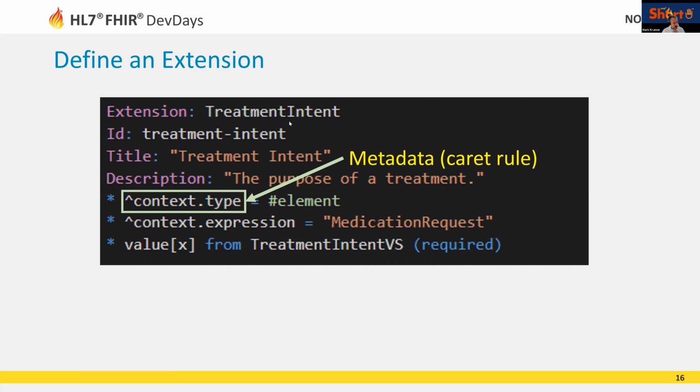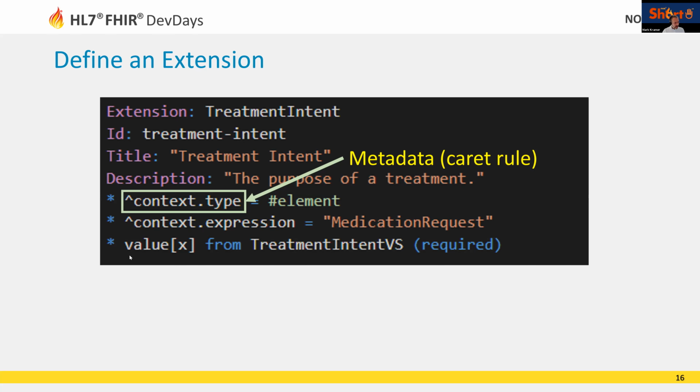So it's not part of the treatment intent itself, but what these 2 lines are saying is that the context for this extension appears on an element, and that's a code, and it has a context of a medication request, which means this treatment intent extension is only allowed on medication requests.